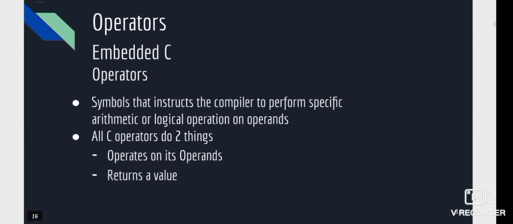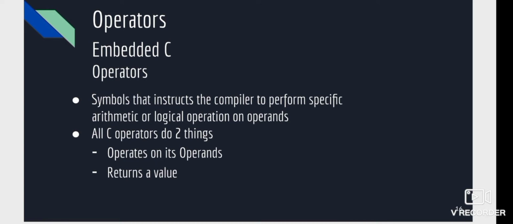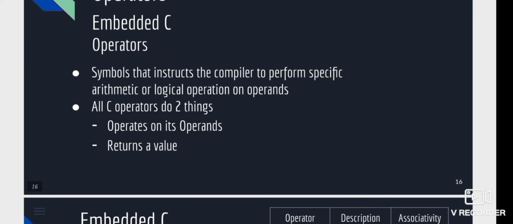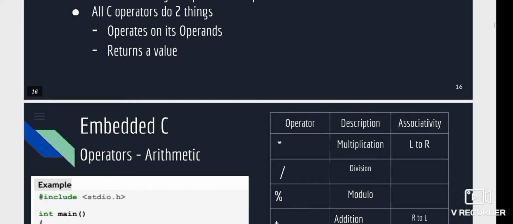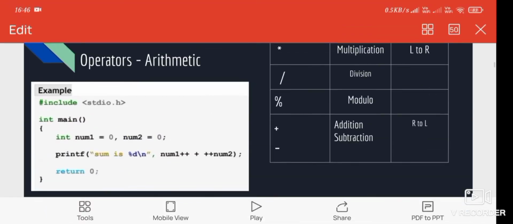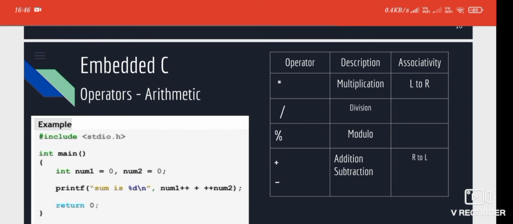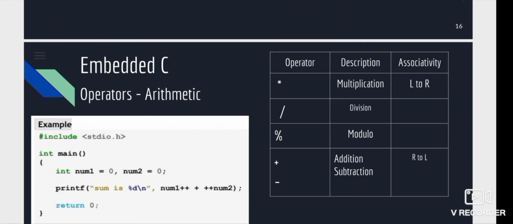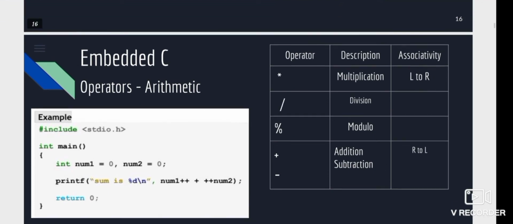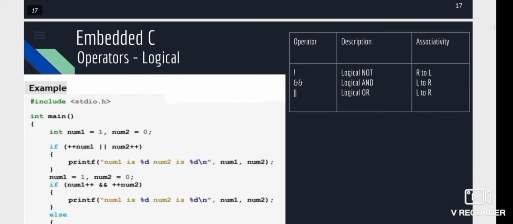Operators: a symbol that instructs the compiler to perform specific arithmetic or logical operations on operands. All C operators do two things: operate on their operands and return a value. In arithmetic operators, we have multiplication, division, modulo, addition, and subtraction.